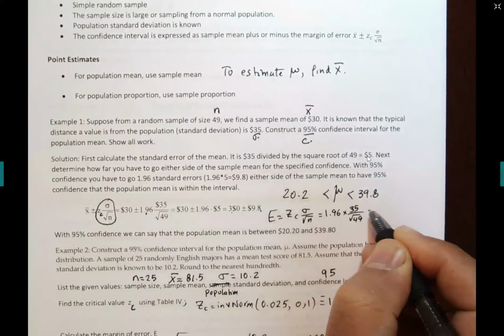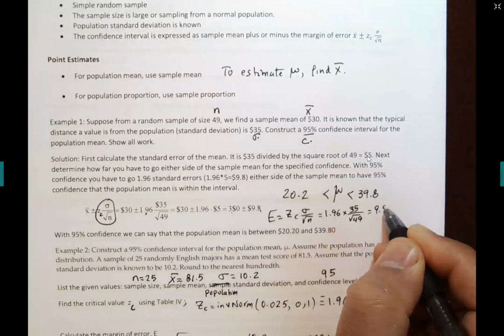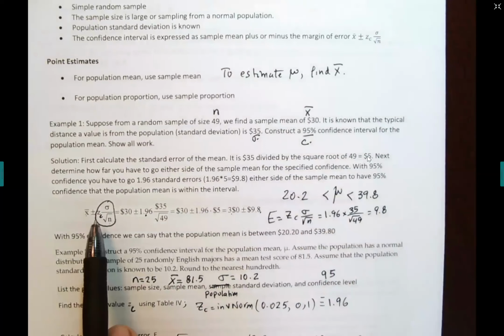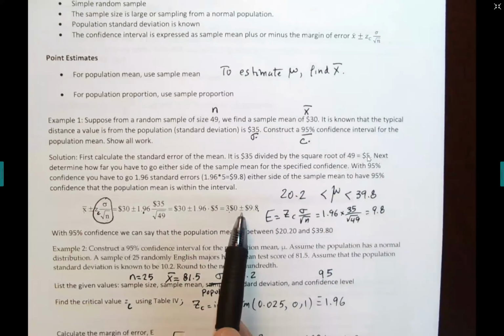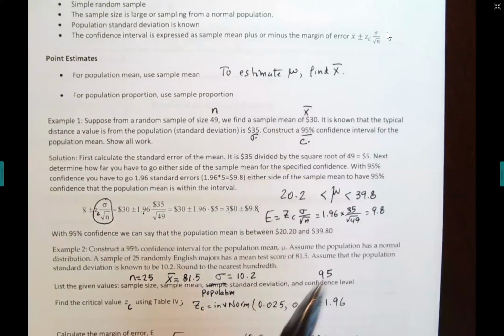And if you do the math, you will get 9.8. So you do 30 minus 9.8 and 30 plus 9.8. I hope that you guys understand what the plus minus means. It means you add and then you subtract. I just put an abbreviation here to show you the math. So this is the confidence interval for the population mean when sigma is known.